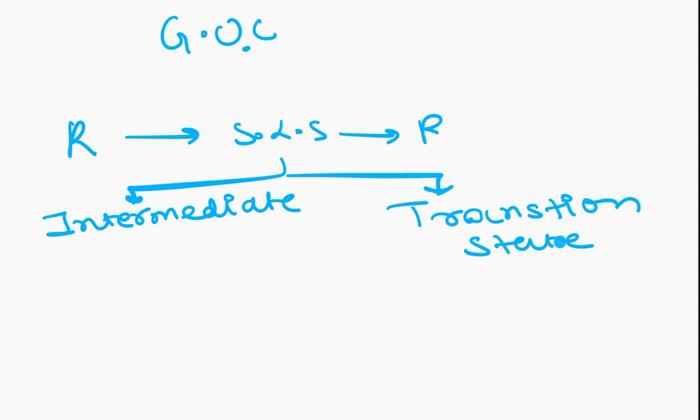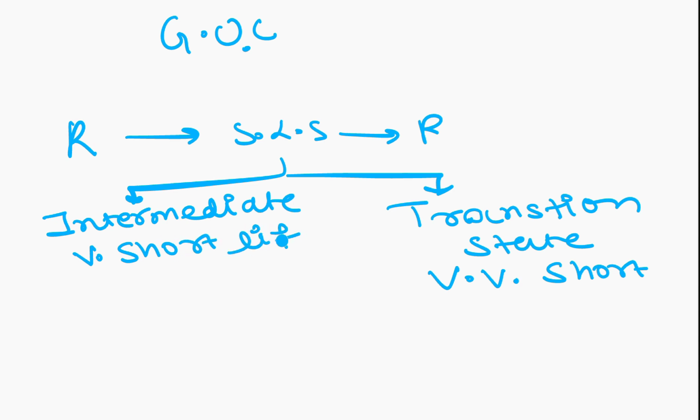Both are short-lived species, but the lifespan of transition state is very short, much shorter than intermediates. Intermediates also have a short lifespan, but the lifespan of transition state is very much shorter than the intermediates.